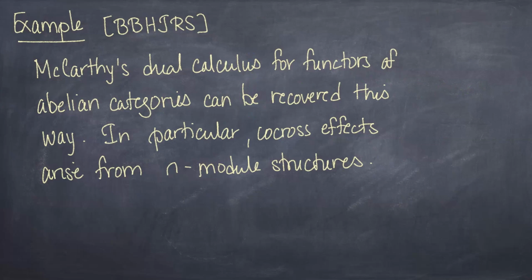And we were able to show that these co-cross effects actually do arise from these sort of intersection module structures, so module structures coming from applying P_n with respect to its intersection monoidal structure. So that they really were able to capture at least some well-known examples of both calculus and co-calculus using this general method of functorial construction of calculi and co-calculi.